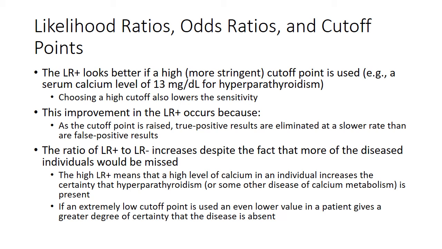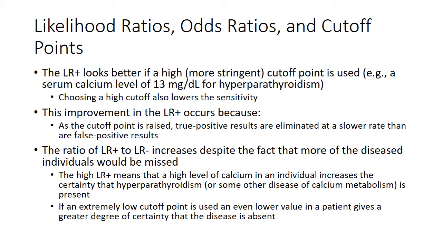However, your likelihood ratio positive is actually going to improve. The reason is that by raising your cutoff point, your true positive results are going to diminish, but you also end up with a larger drop off in your false positive results. So you have fewer false positives and fewer total true positives, but overall the test performance is going to be a little bit better, right?